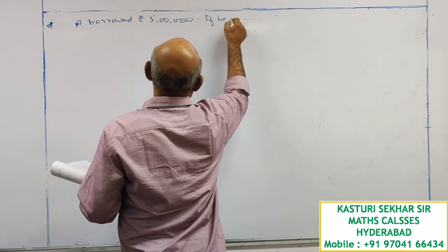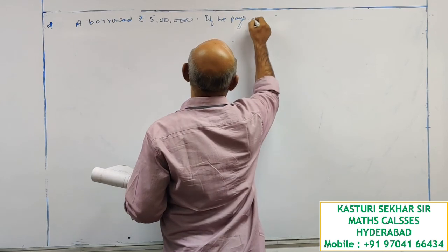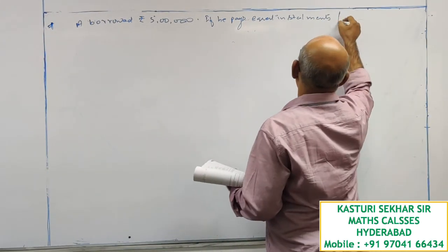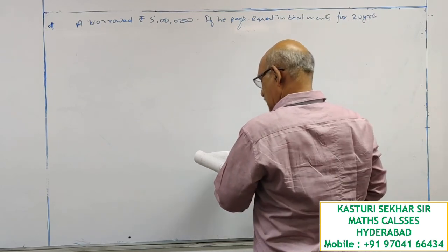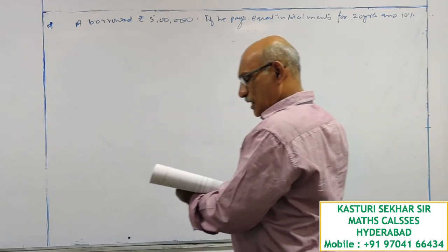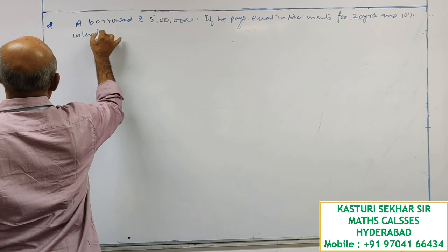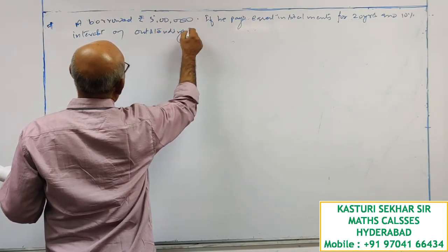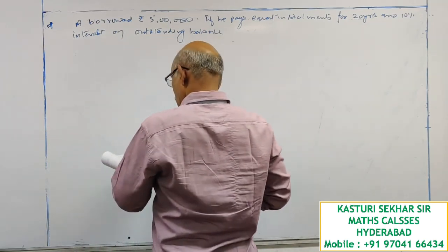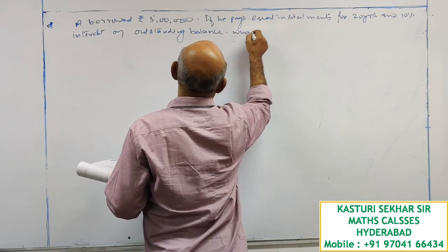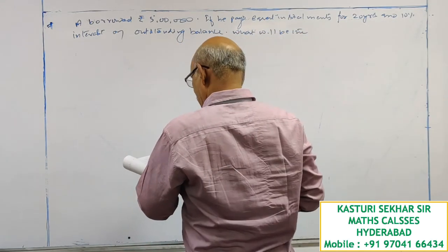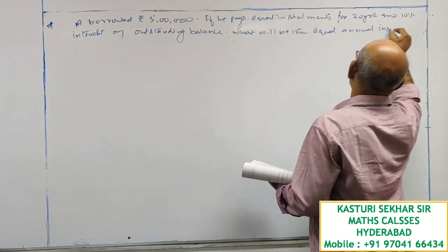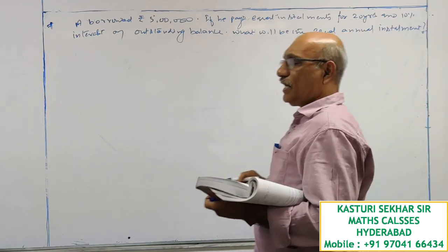If he pays equal installments for 20 years, and a 10% interest on the outstanding balance, what will be the equal annual installment?